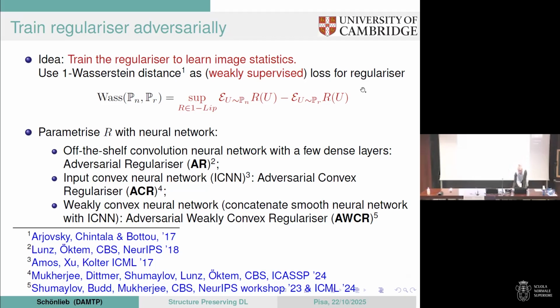And also by the fact that if we train a regularizer like this, meaning that we want it to be large for examples that come from the noisy distribution, and here I take the expectation, so I want this to hold on average, as well as doing the same for the desirable examples from the distribution here called P_R.